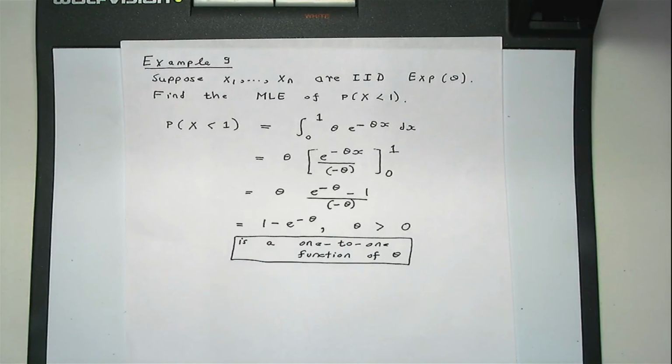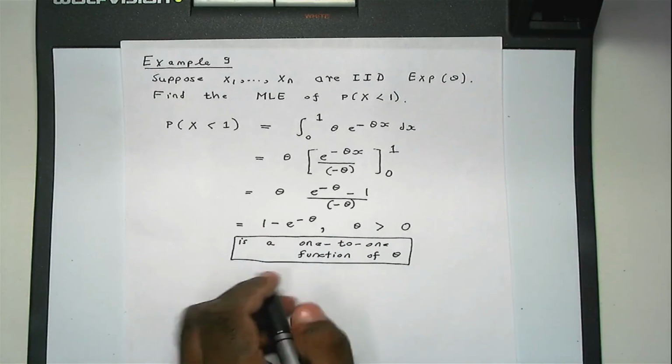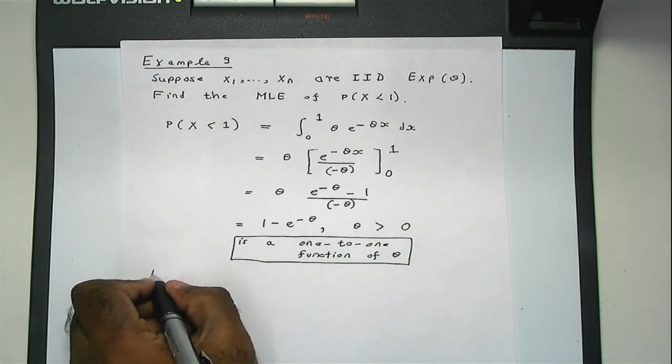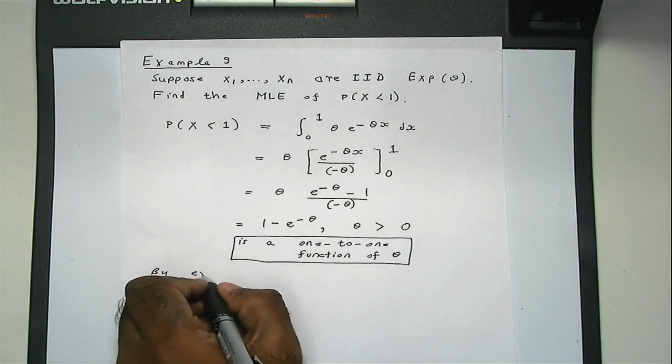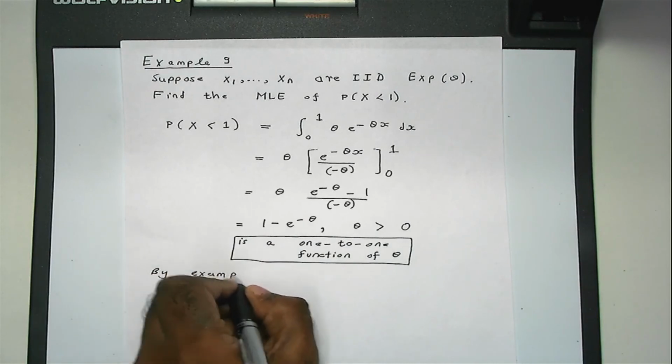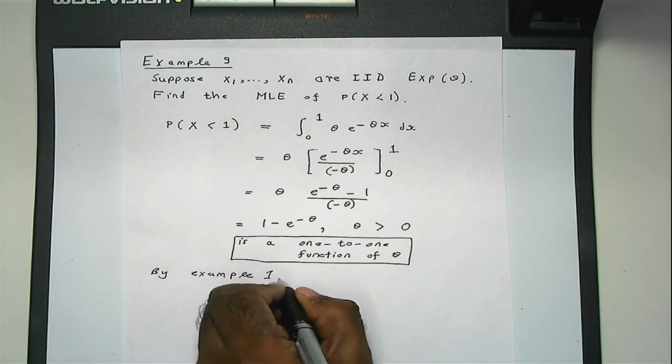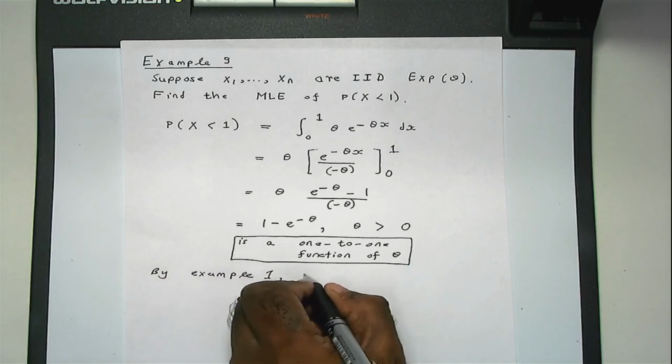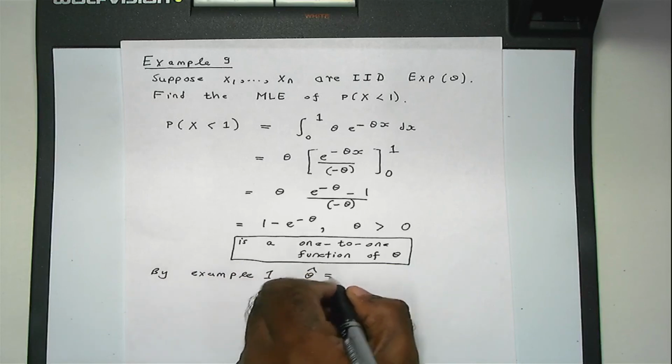Right? Now, by example 1, the first example we did in this video, the MLE of theta is 1 over x bar. Right?